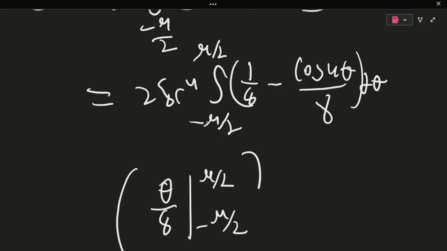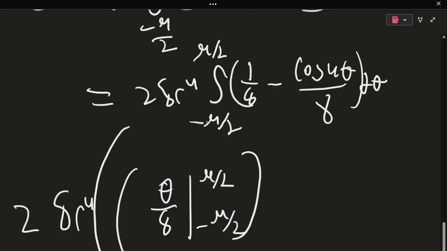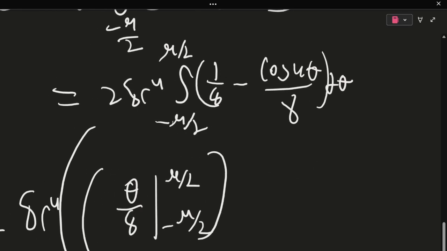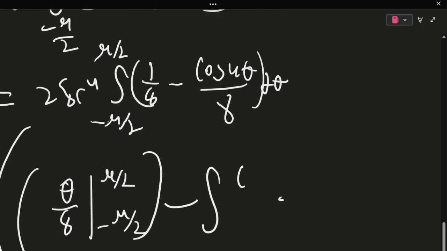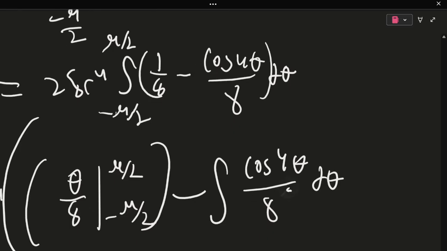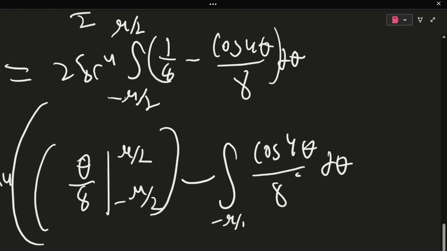That's multiplied by 2 times density times r to the 4th. We'll have a larger fraction. This is minus our integral cosine 4 theta over 8 d theta. So negative pi over 2 to pi over 2.